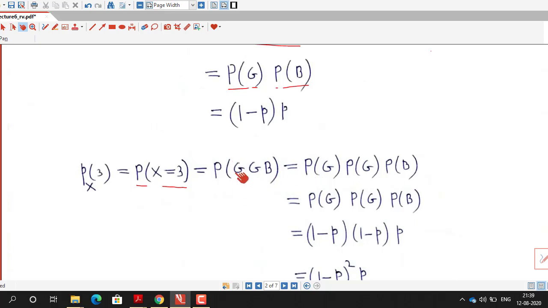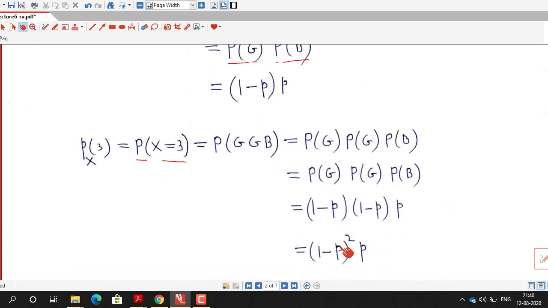So the probability of this compound event, the intersection of 3 events, girl, girl, boy, equals probability of G into probability of G into probability of B. Again we are using the fact that these events are independent, and the probability of G is 1 minus P, again 1 minus P, so it is 1 minus P square into P.